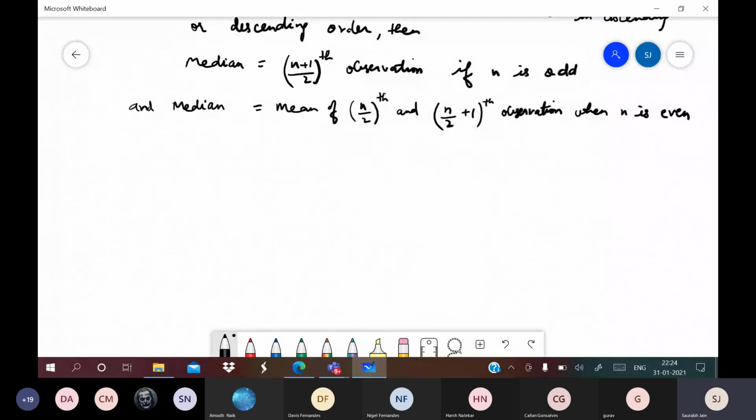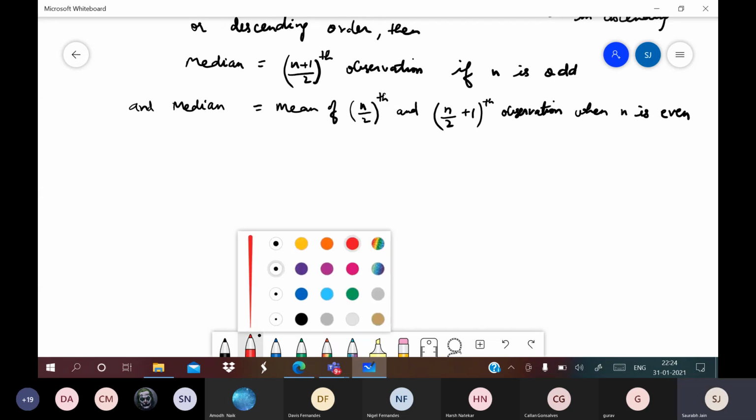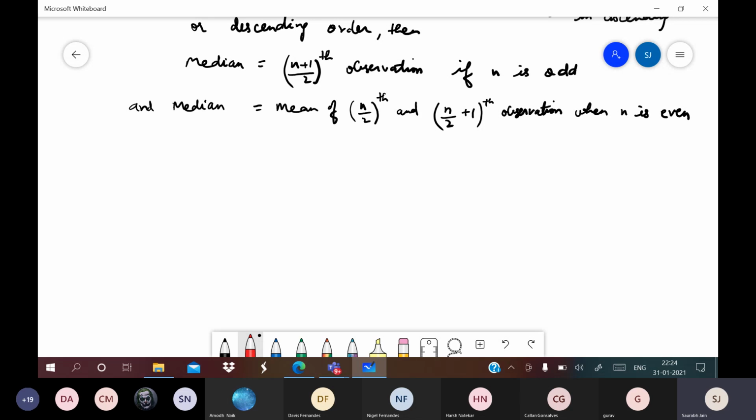Now we are going to study two terms here. One is called mean deviation and the other one is called variance, right? So we'll come to it. But before this, we need to learn one more term, and that is mean deviation.